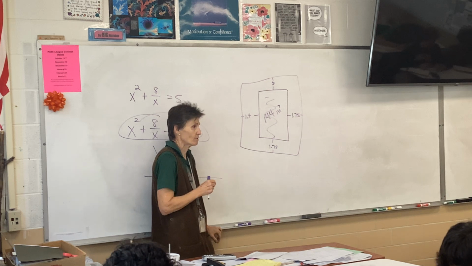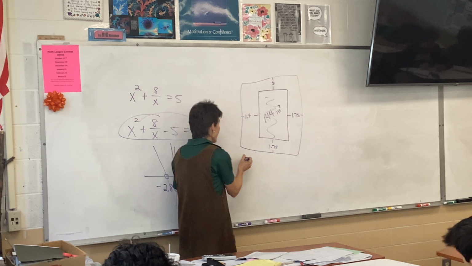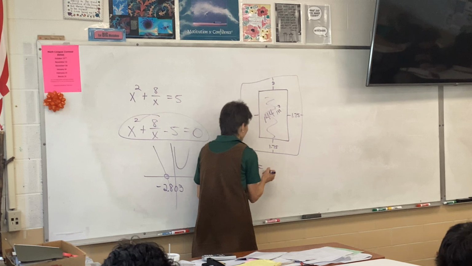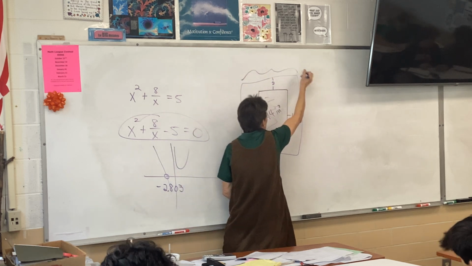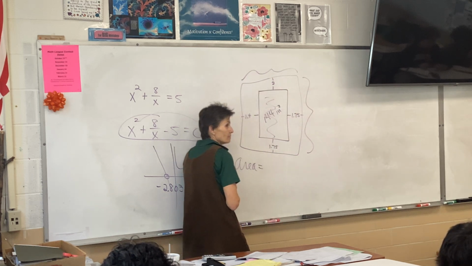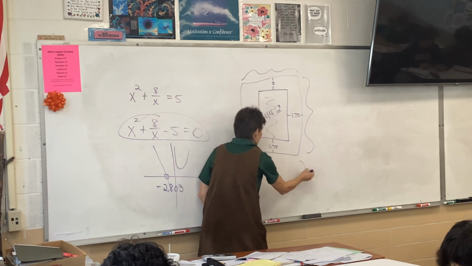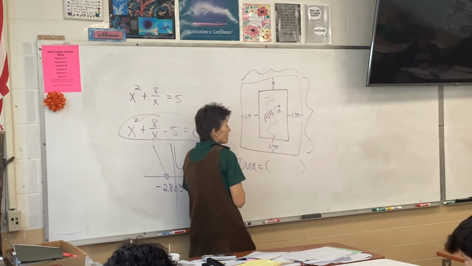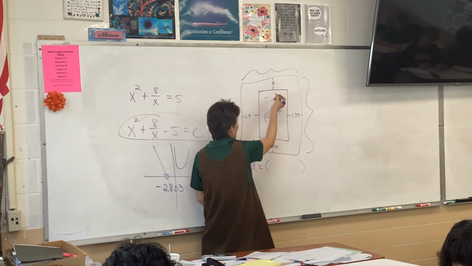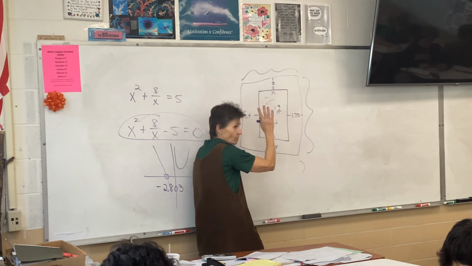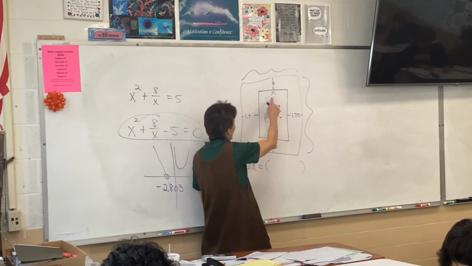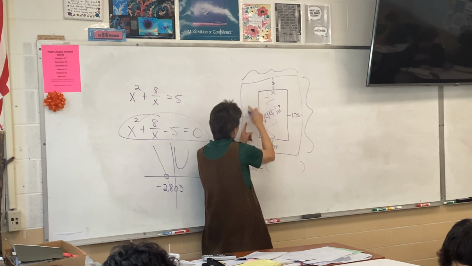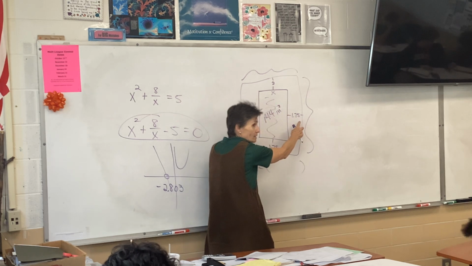We did one of these the other day. Area will be length times width, right? So what is the length all the way across here? If I call this x, which I can, that would be x plus 1.4 and 1.75.